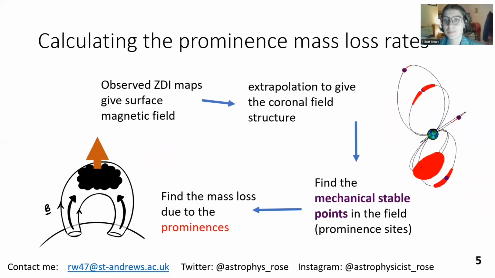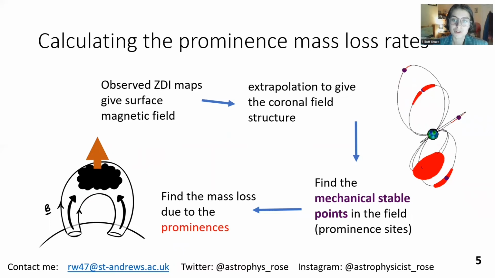I did this by calculating the mass loss rates for these prominences, which are theoretical calculations, not observed. So I started with the observed Zeeman Doppler imaging maps, which give the surface magnetic field, and then the coronal field structure is generated by assuming a potential field.